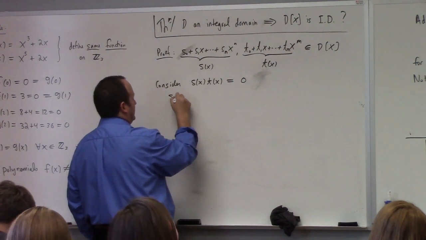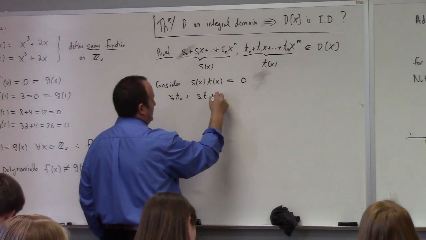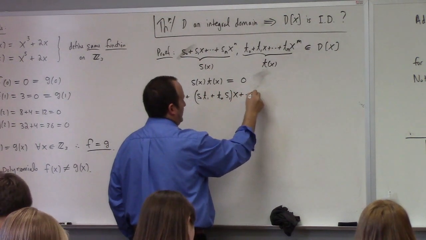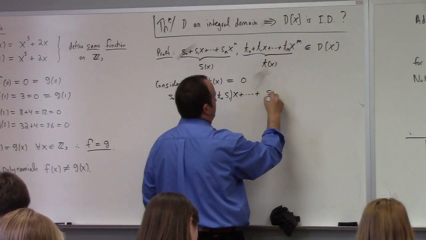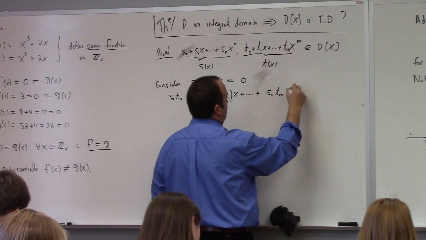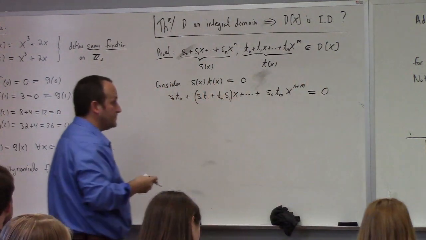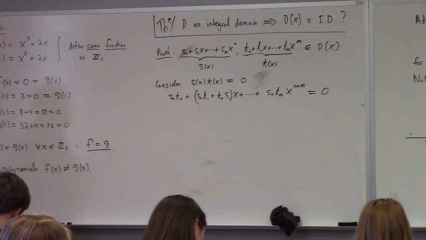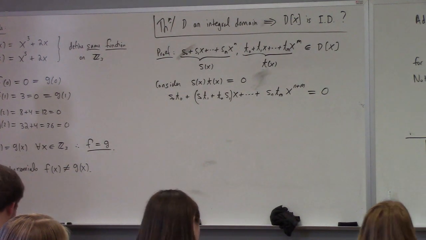You have S0 T0 plus S0 T1 plus, I feel like I'm being too hard working here, but I'll just do it. The highest term here is Sn Tm, x to the what? N plus m. You set that equal to 0, right? At the moment, I've just multiplied them. I haven't done anything yet.